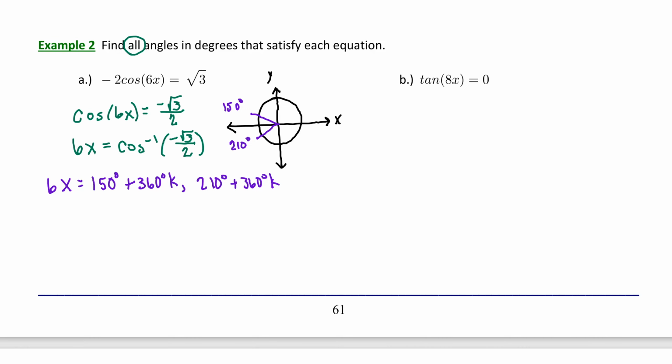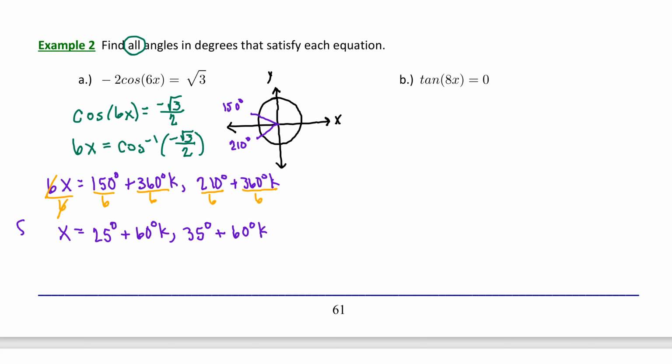Once I have that complete solution expressed, I can finally isolate the variable by dividing all of the terms all the way across by 6. This isolates x. 150 divided by 6 is 25 degrees, and 360 divided by 6 is 60 degrees times k. 210 divided by 6 is 35 degrees, and 360 divided by 6 is 60 degrees.